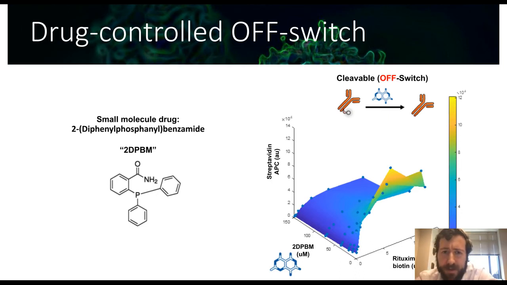So we also built a drug-controlled off switch. And in this case, we're using a small molecule drug, a phosphine, called 2D-PBM. And what we can see on the right is that if we add the drug and the adapter at different concentrations to tumor cells, and then we stain for adapter signaling on the z-axis, you can see we can get very tunable control of the amount of tag on the surface of the tumor cells.